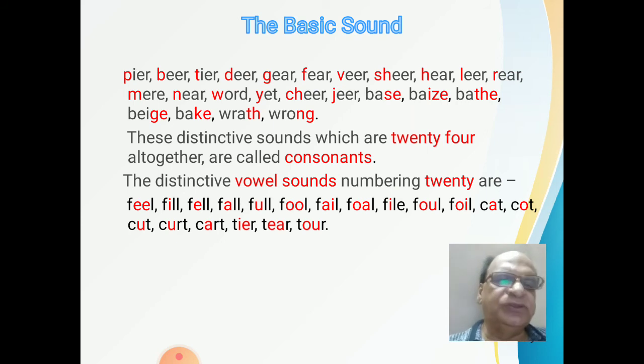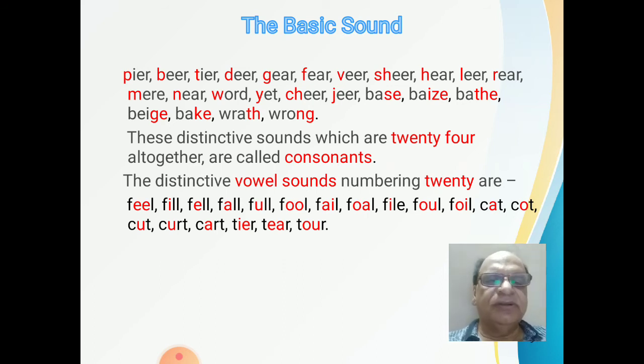Now, what are the basic sounds in the English language? These are the sounds with examples: peer, beer, tear, deer, gear, fear, wear, shear, hear, leer, rear, mere, near, word, yet, cheer, jeer, base, bathe, beige, bake, wrath, and wrong.